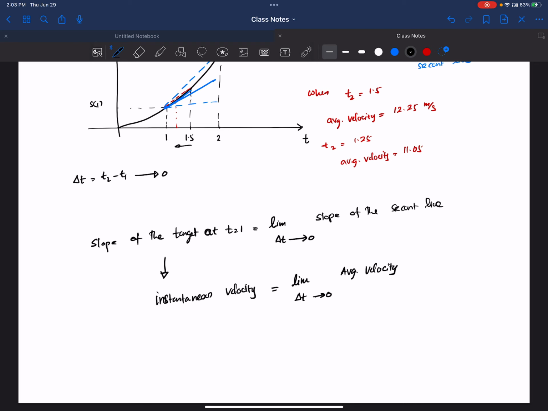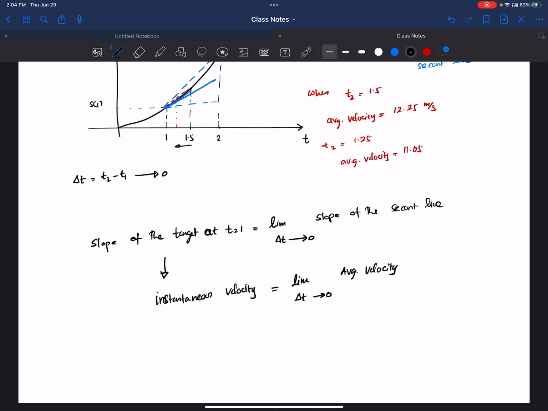So now you have some kind of idea about what this limit is. Limit means that you mathematically reduce some quantity or move some value towards some kind of threshold, or you make delta t equal 0. Then what happens to the quantity? The quantity goes to some constant value at the limiting condition.